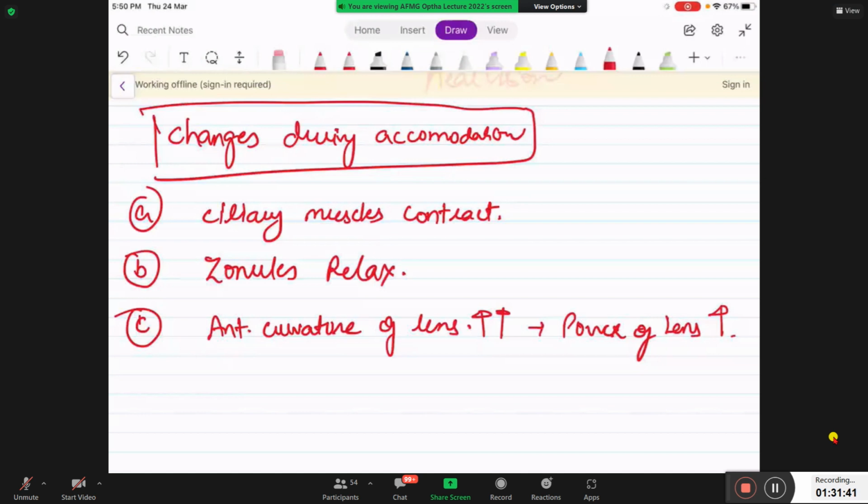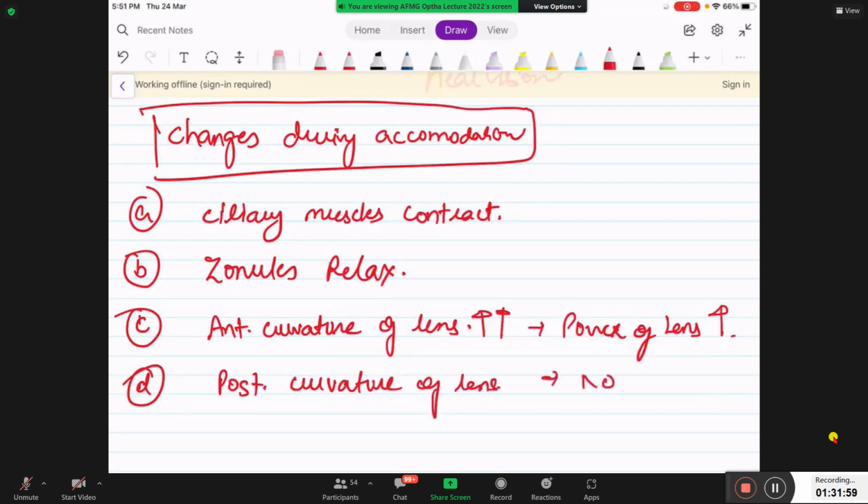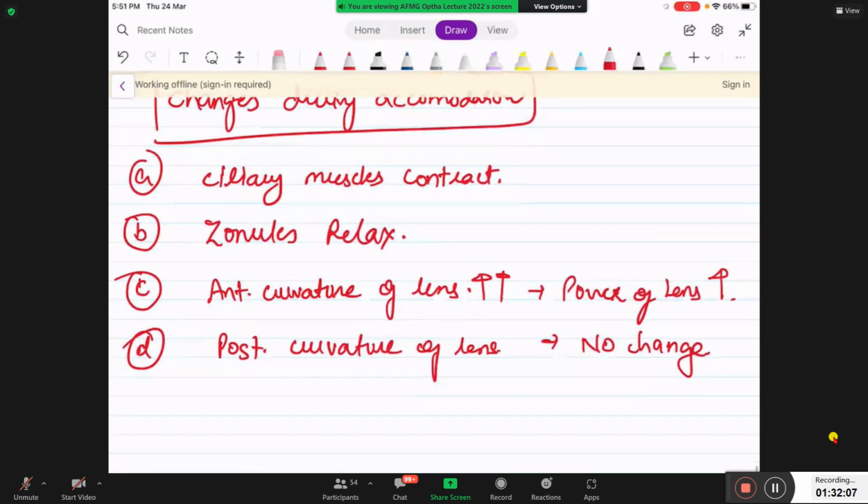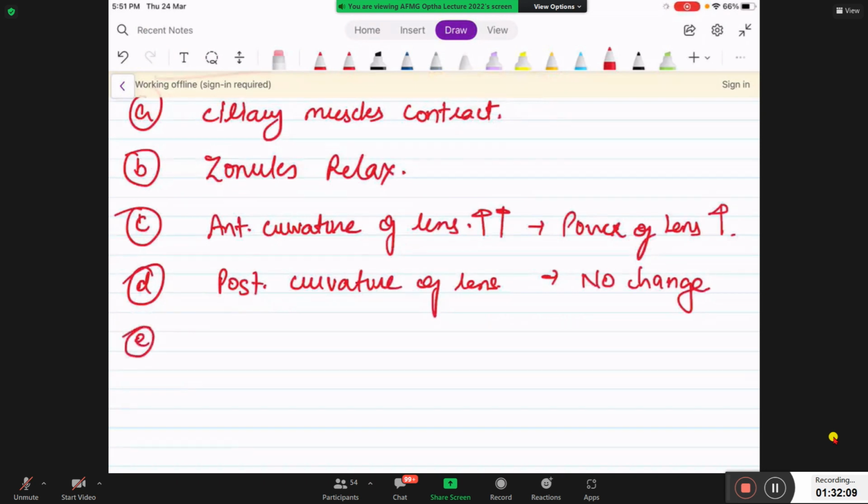First, the ciliary muscles contract. Automatically, the zonules relax and the anterior curvature of the lens increases. Fourth change, write down: there will be no change in the posterior curvature of the lens. Clear? Fifth change, write down: the AP diameter.